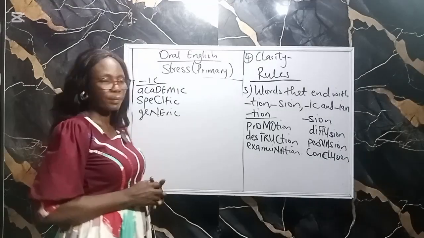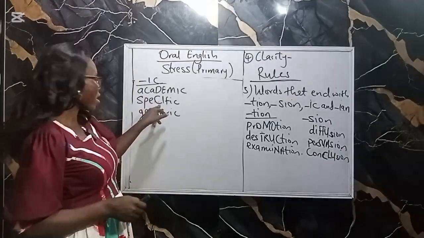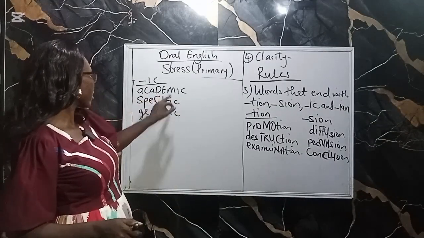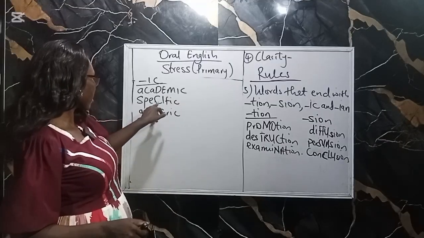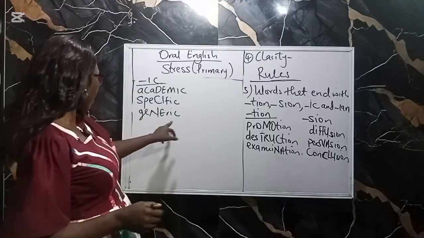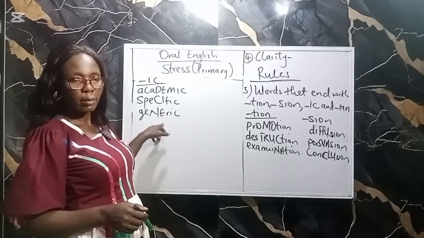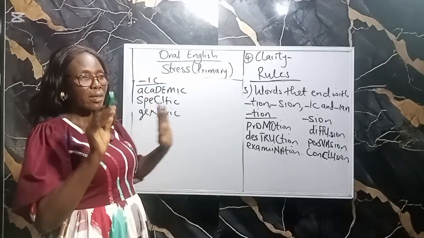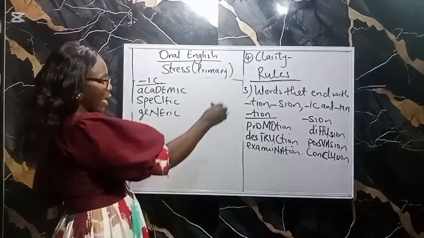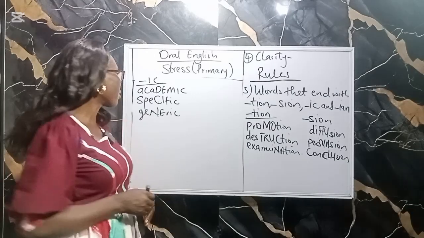Now we have put the stress where they're supposed to be. In academic, we have de. In specific, ci. In generic, ne. Remember, once a word ends in ic, you stress the syllable before ic, just like tion and sion.